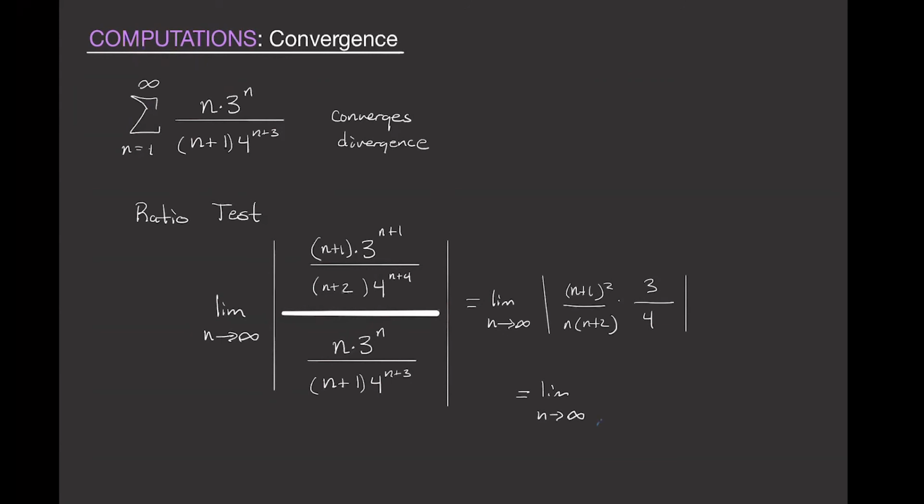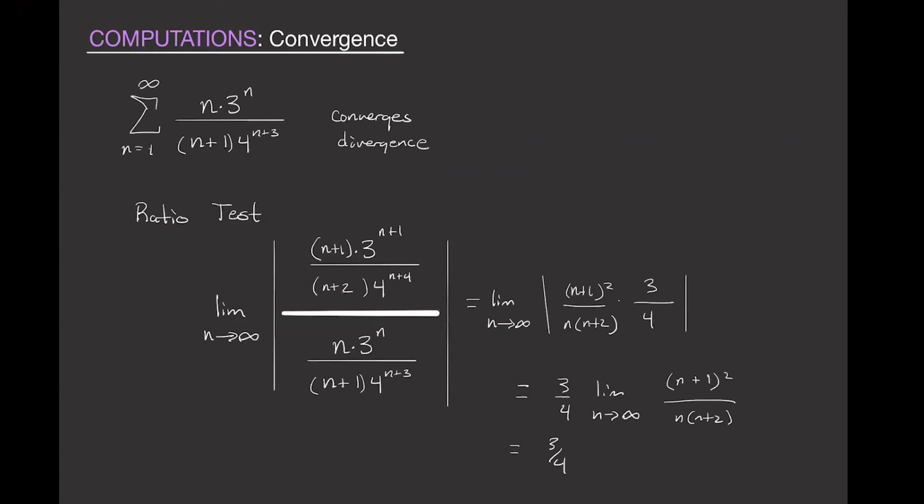we can pull out 3/4, because 3/4 does not have anything to do with n. We get n plus 1 squared over n times n plus 2. I claim that that limit is going to be equal to 1 because it's n squared up top, n squared on the bottom, largest terms.